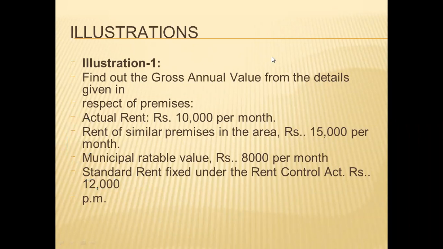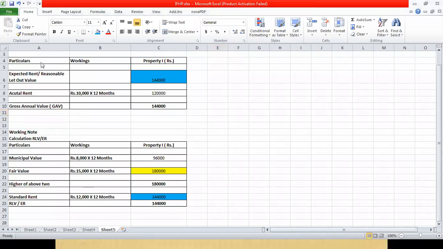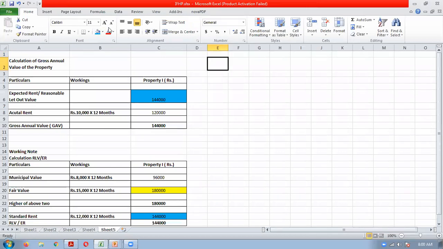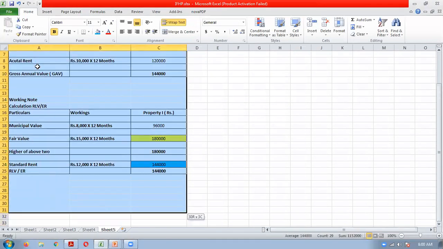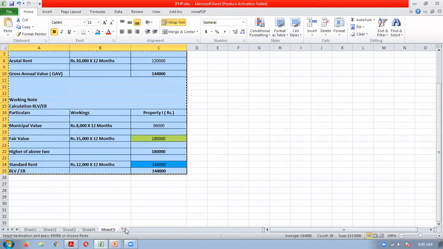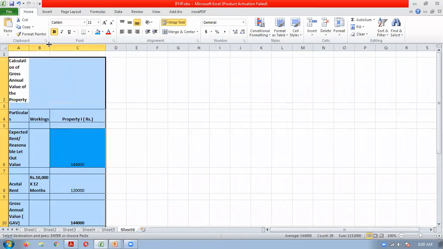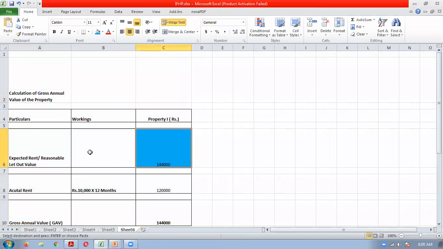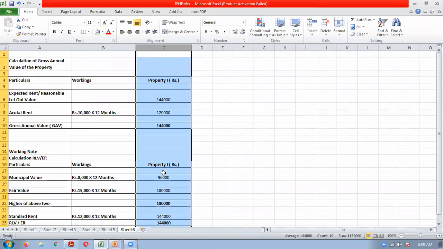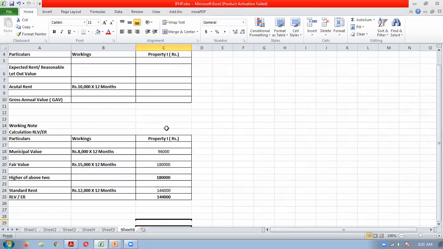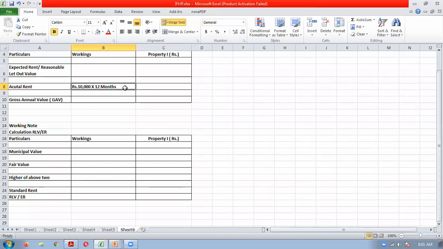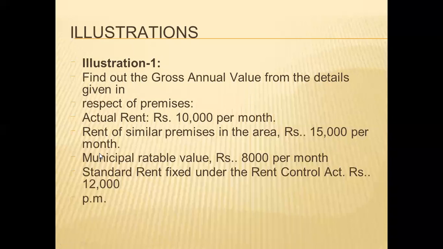So let us solve this. What is the municipal rent? 8,000 per month.